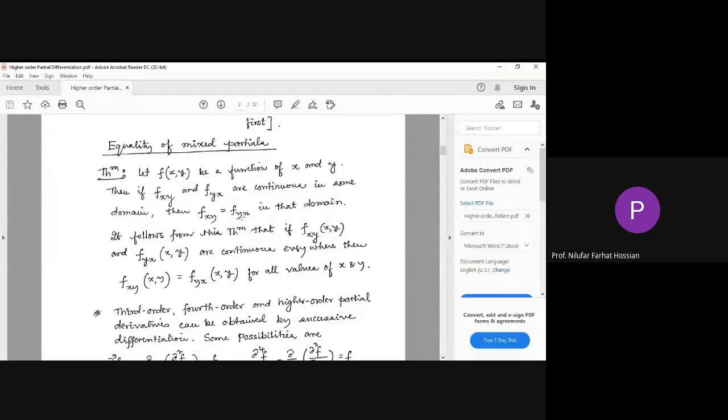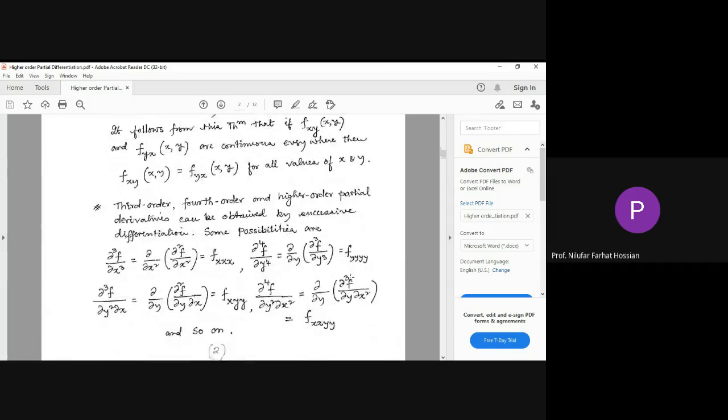But if these two are not continuous, in that case they will not be equal. So it follows from this theorem that if these two derivatives are continuous everywhere for all values of x, then fxy and fyx will be equal for all values of x and y.